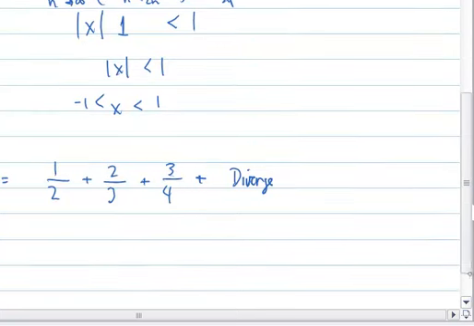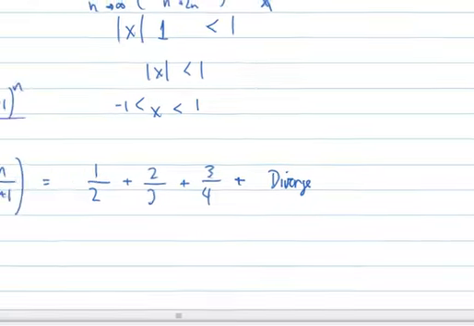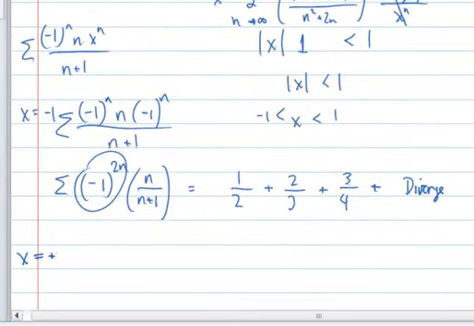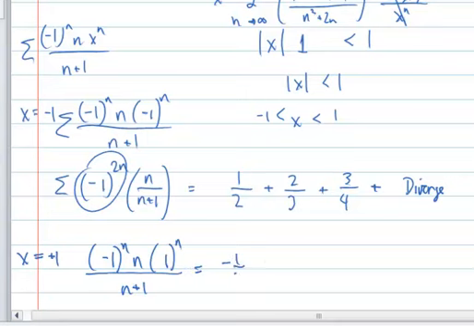So in the next one, I'm going to now apply the point x equals +1. When I plug in +1, I'm going to have -1 to the n power times 1 to the n, which is just 1, all over n plus 1. So when I write that out, for my first term I'll have -1/2.